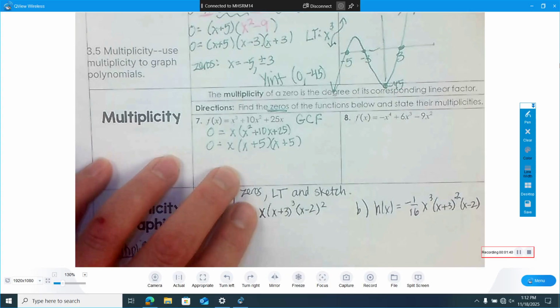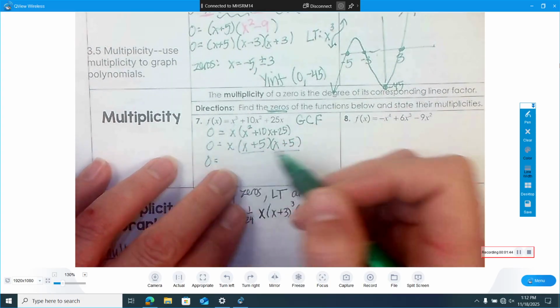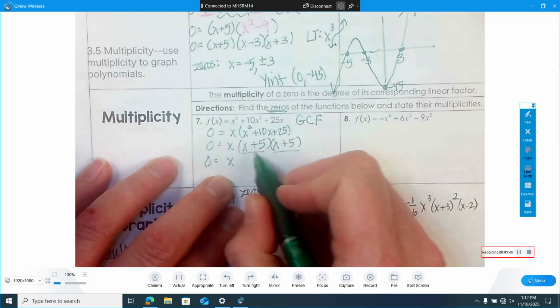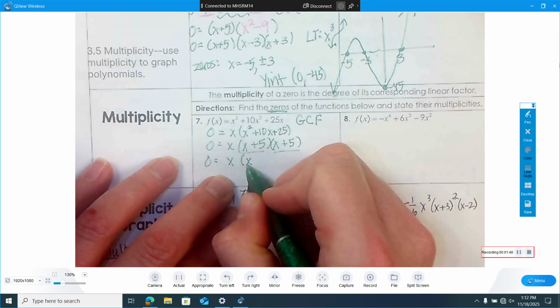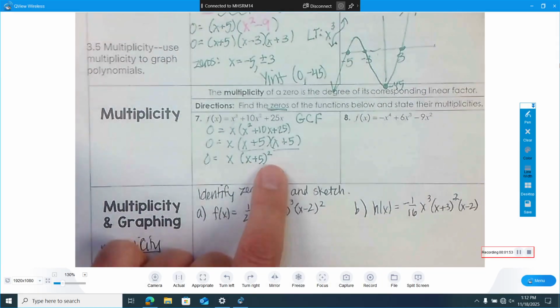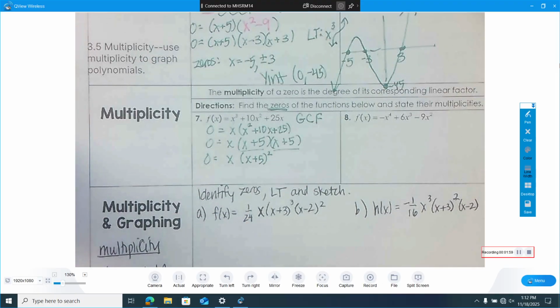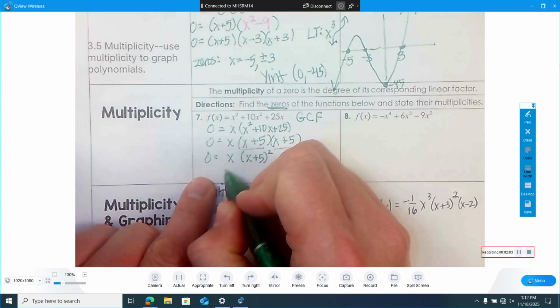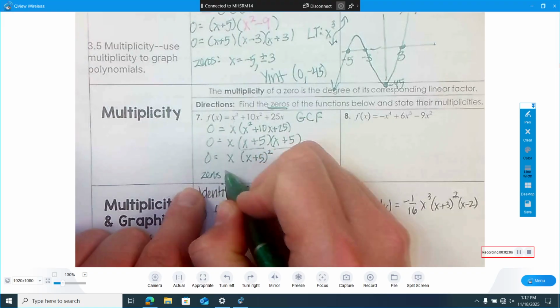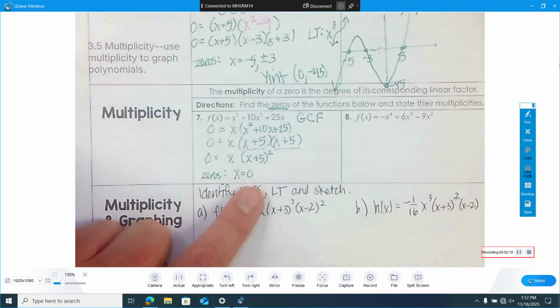And so this has some repeated factors. And what we can do is condense this. Since it's being repeated 2 times, I can write it as x plus 5 quantity squared. Well, anytime you have a repeated factor, that is what is called multiplicity. It's multiplying itself, okay? So that's called multiplicity. And so we have our zeros here. The zeros we have are setting each bubble equal to 0, so we get x equals 0.